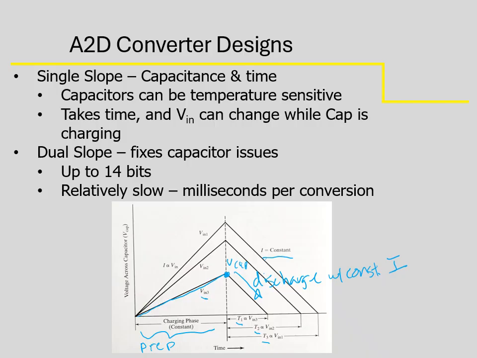So this is just a more reliable way to do it. Because you're doing this prep phase and this discharge phase, we're factoring out the capacitance of the capacitor. It really doesn't matter what the capacitor is doing. It can be changing as a result of temperature, and you'll still get a consistent measurement.